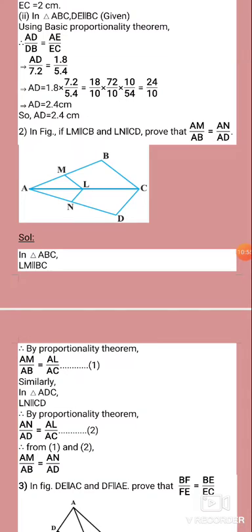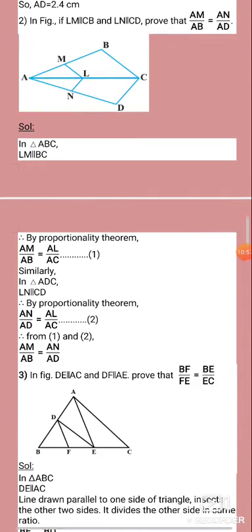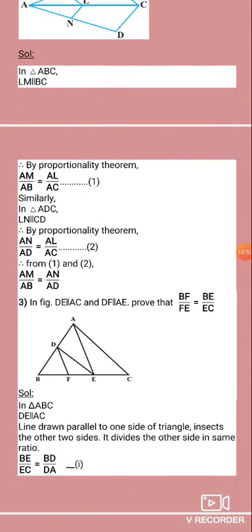Okay, simple question this one. Now the next one is of the same type. In the figure, DE is parallel to AC and DF is parallel to AE. We need to prove that BF by FE is equal to BE by EC. Now consider triangle ABC.